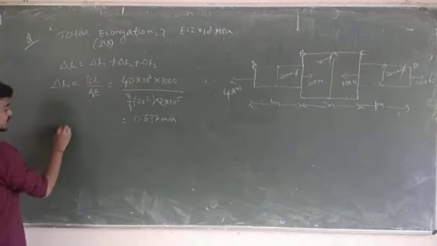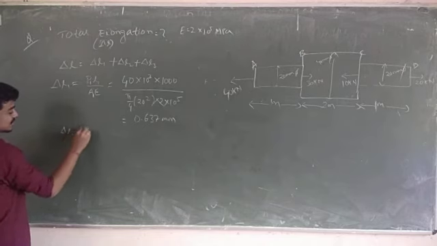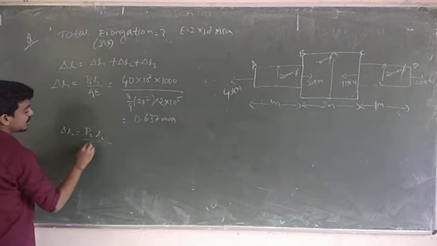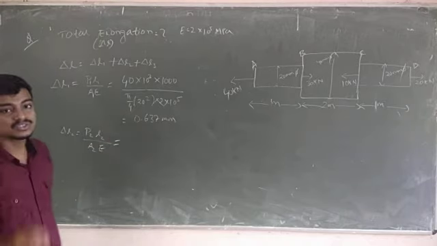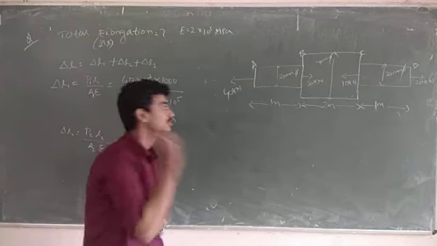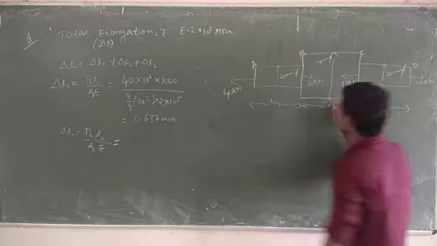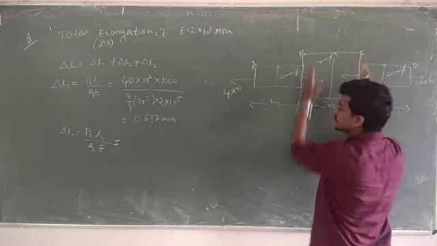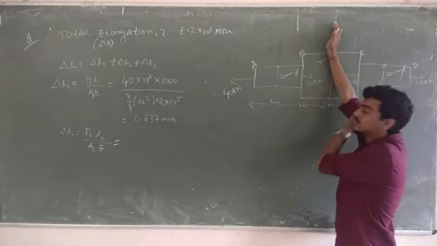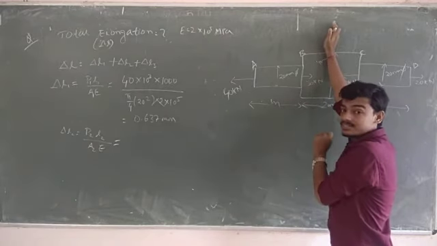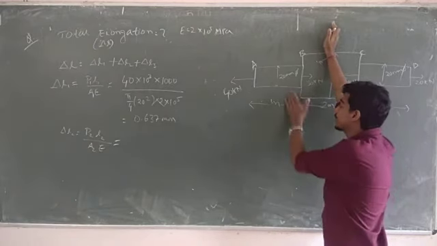Then delta L2, same case, P2 L2 by A2 E. The main task is to find the load value. Look at this section, the second part. Take the middle one, either left or right. I am taking the left part.